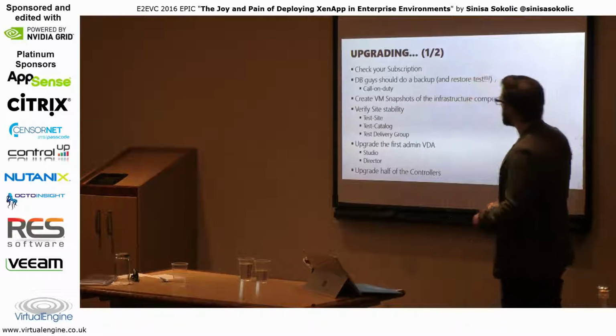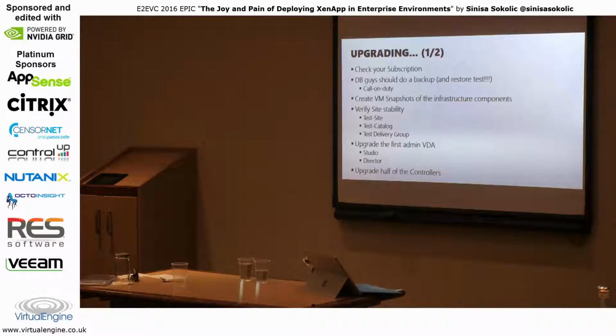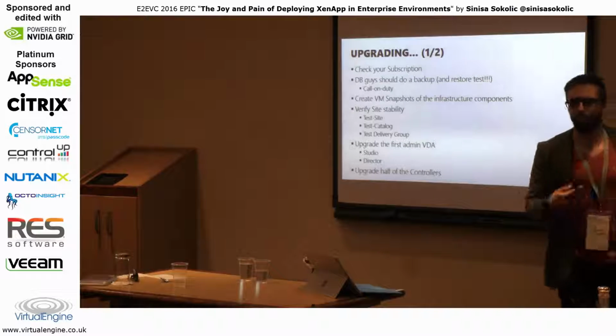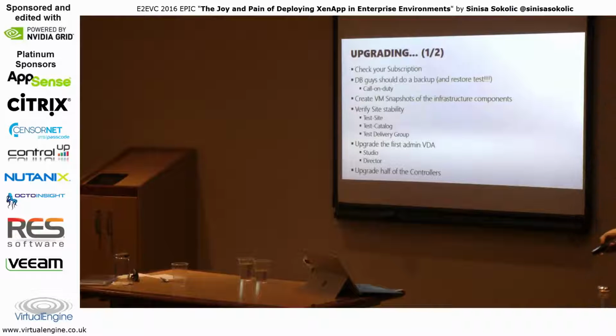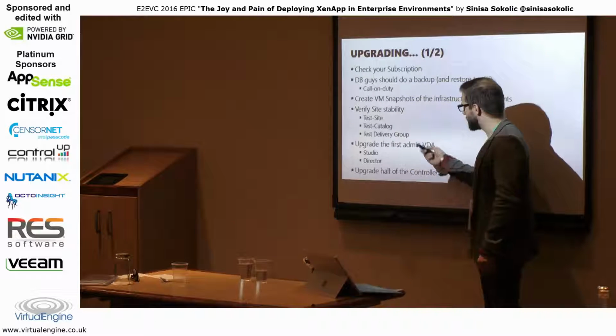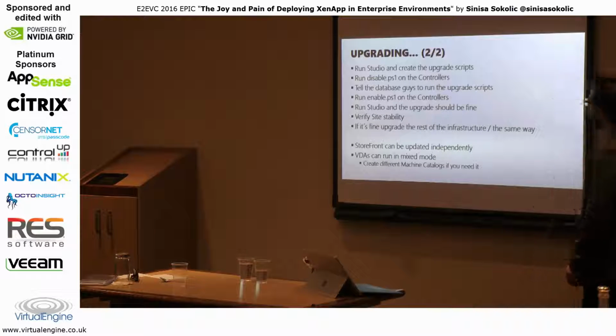And before you start the upgrade process, you have the possibility in the Citrix Studio console to run a test site, test catalog, test delivery group. It checks for basic settings like is the firewall okay, and so on. A good point to start with. Then you start the first admin VDA, like I said, upgrade the controllers, go on.